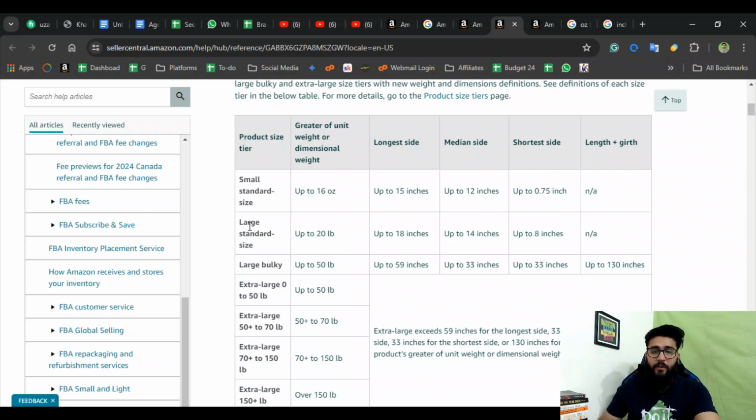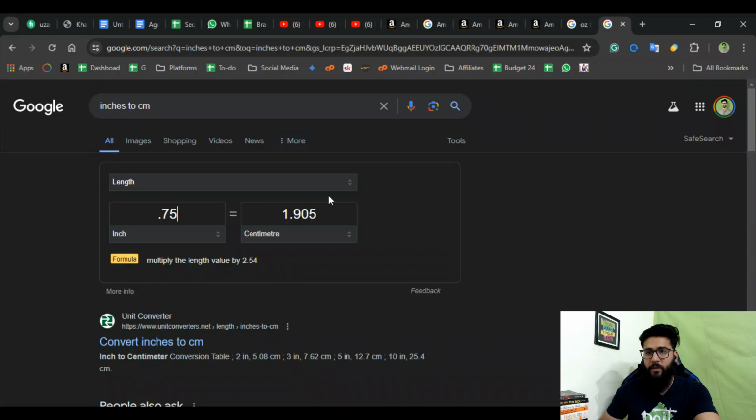First of all, the number one size tier is small standard size, and it goes up to 16 ounces of weight. The dimensions can go up to 15 inches for the longest side, the medium side can go up to 12 inches, and the shorter side can go up to 0.5 inches. If we convert this into centimeters, it's around 1.9 centimeters.